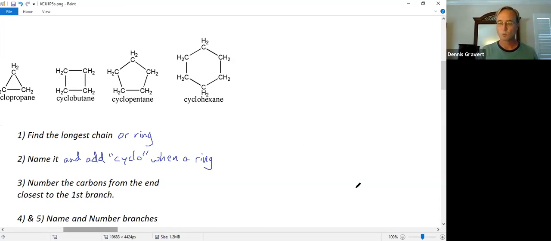Let's start with, what if we have 3 carbons in a ring, and off of this carbon, let's just make a chain. Kind of sloppy. Need to warm up my hands, get them going. Okay, step 1, find the longest chain or ring. Actually, I might swap colors.